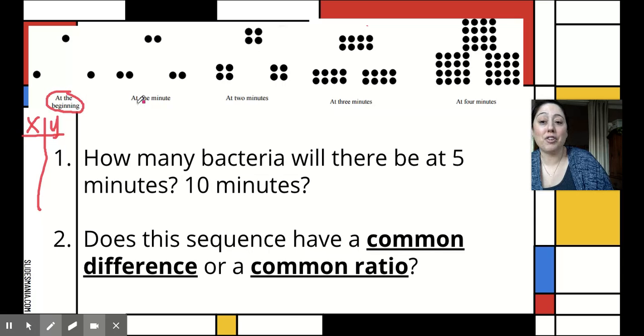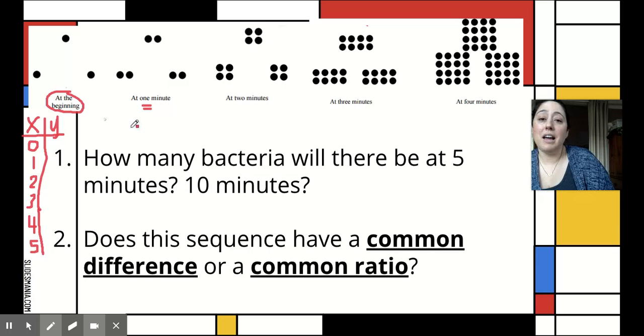They don't start the first term until 1 minute. So here, this is one of the few examples where X can actually include 0. Okay, so I've got my first term, my second term, my third term, and here they're talking about minutes. My fourth term and my fifth term. Okay.